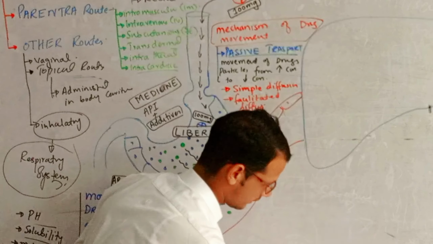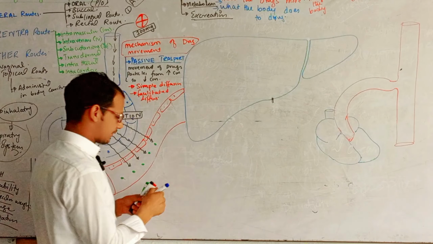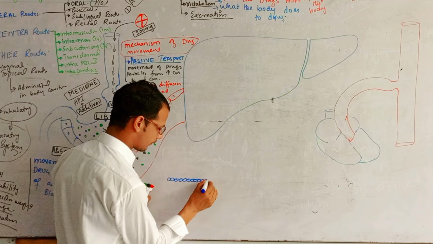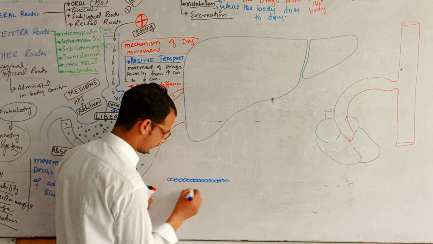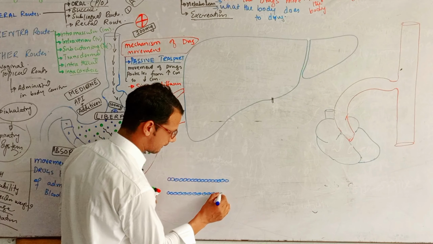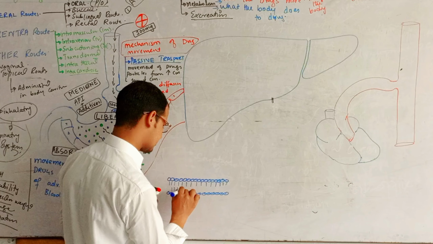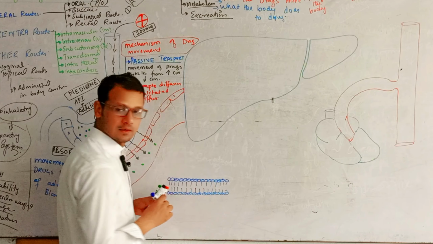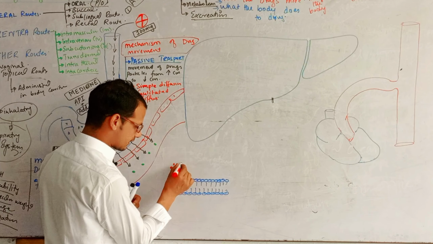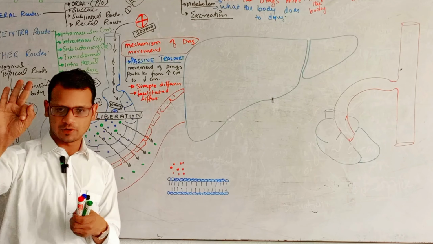Let's see here. For example, we have a cell membrane. We will discuss these processes in absorption, right? But here, if I have a high drug concentration here, and this drug has three properties.